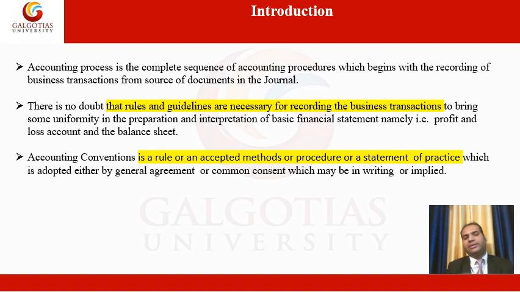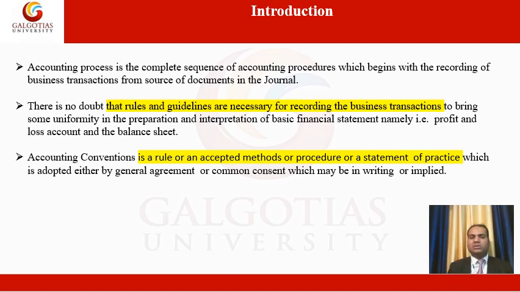Students, this is the introduction part. As you know, every organization enters into a number of transactions during its course of business to achieve its objectives. These transactions affect its assets and liabilities. Accounting process is the complete sequence of accounting procedures which begins with the recording of business transactions from source documents in the journal.